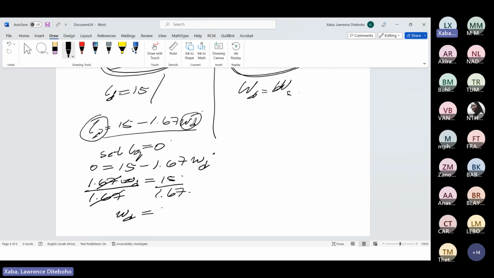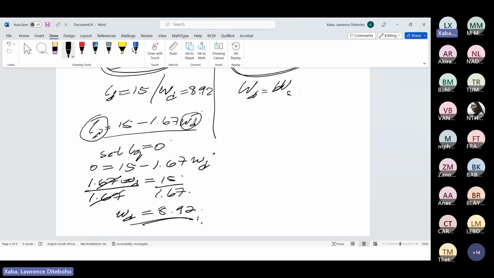We end up having maybe 8.9, let's say 8.92. So we know that our W subscript D is equal to 8.92. So we are done with that.